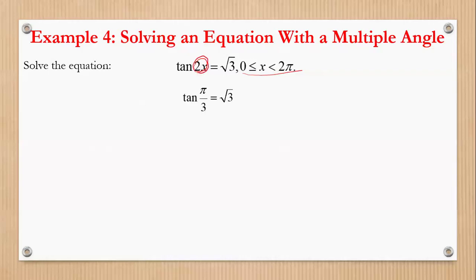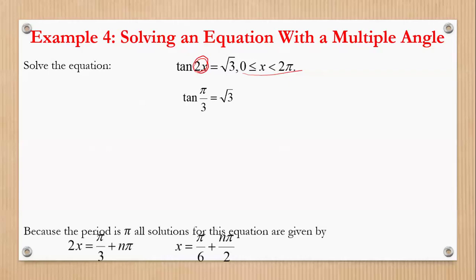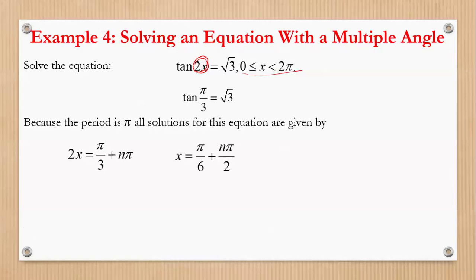So instead of saying x is equal to pi over 3, this time you need to say 2x is equal to pi over 3. Okay? So 2x is equal to pi over 3. Whatever angle you have in front of the tangent, just keep it instead of x, and make it your angle.